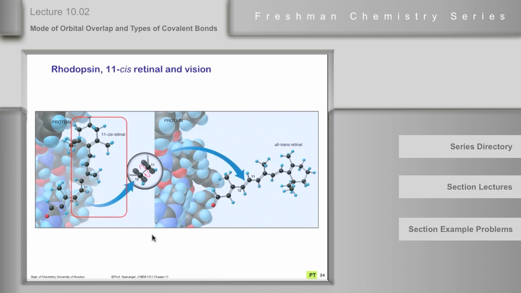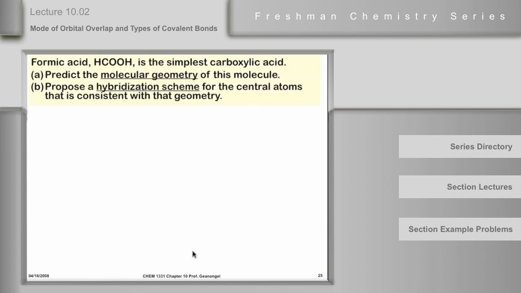Okay, so cis. Then we have this spinning thing here where the bond breaks, and now the backbone becomes all trans. And then this thing sticks out, and we get a charge, and the charge causes the optic nerve to flash.